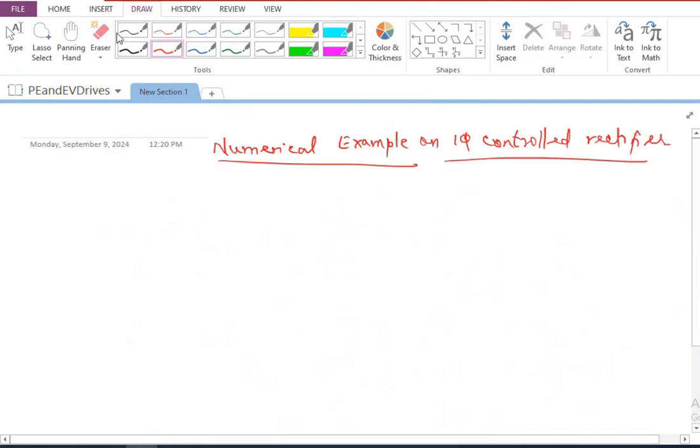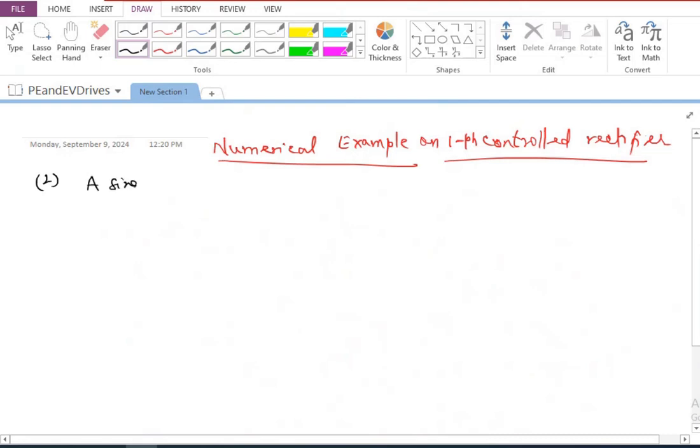So this is a single phase. So let me probably write this as explicitly single phase controlled rectifier. So let us now look at the problem statement corresponding to single phase controlled rectifier.